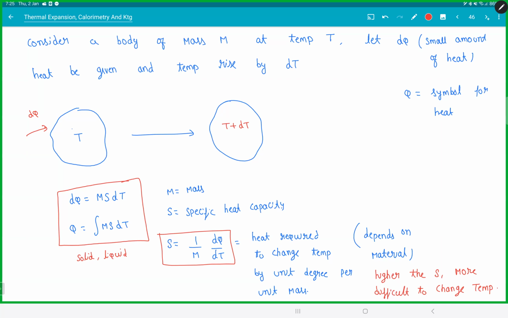Higher the specific heat capacity, more difficult to change the temperature. Clear?